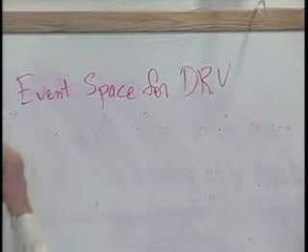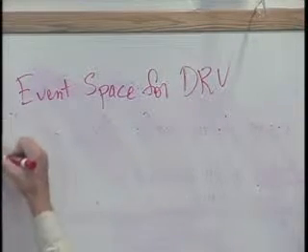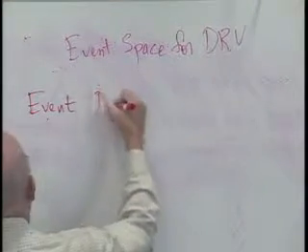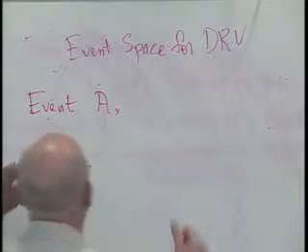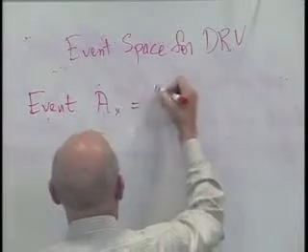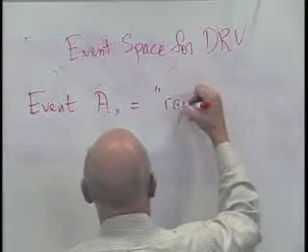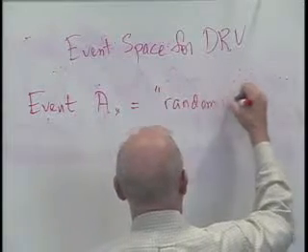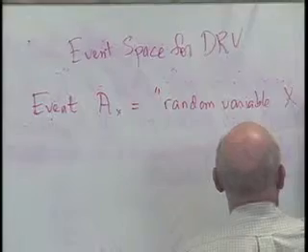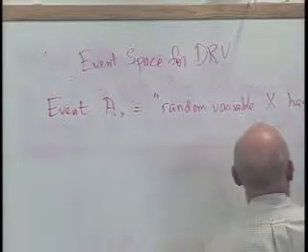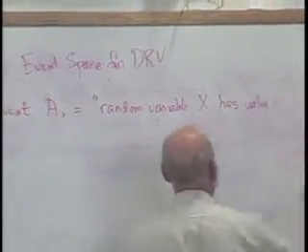Since we've been calling events A, let me first introduce an event named A sub x. That means that the random variable capital X has value little x.